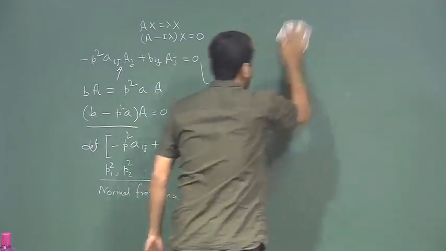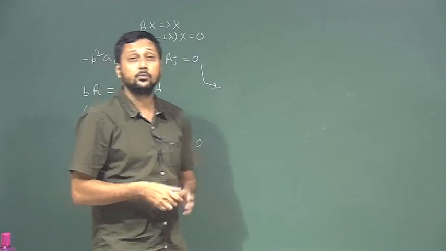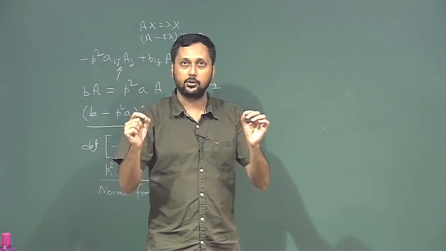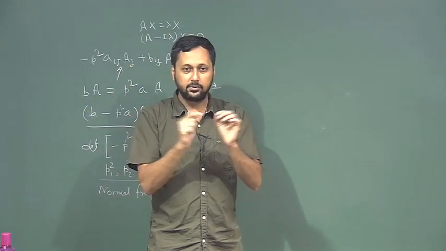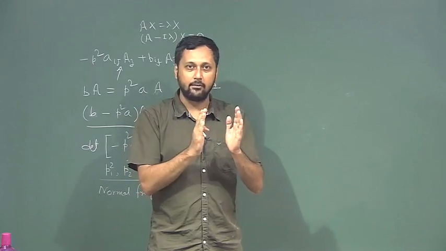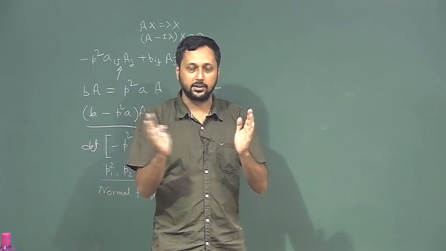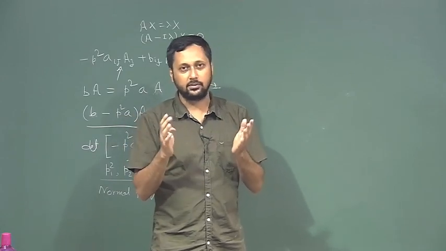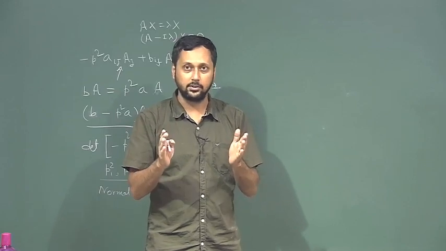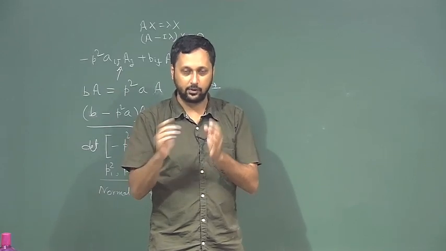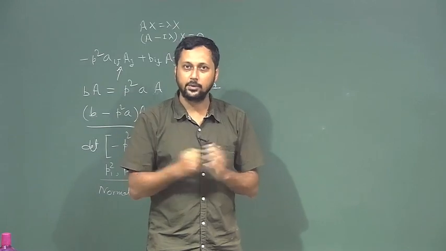Let us assume that, so what is the system we have taken? We have taken a system of n coupled oscillators. Now, in a general motion, each of these will have some amplitude. That amplitude could be 0 for certain mass points, but in general there will be an amplitude.